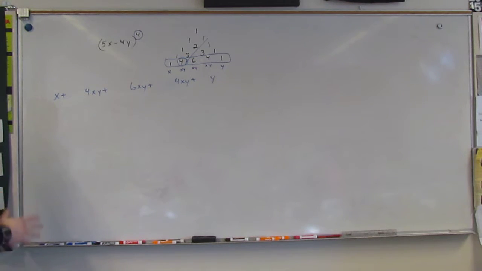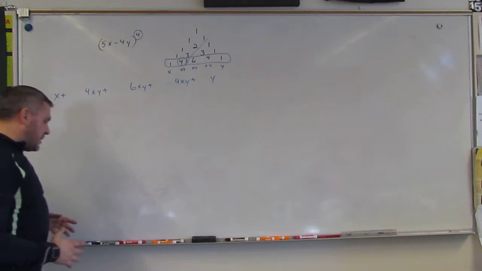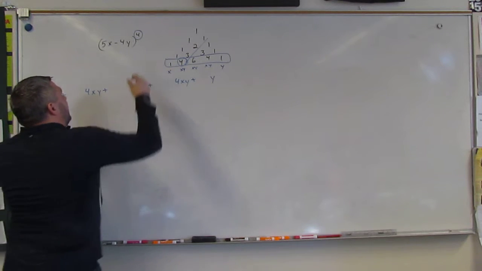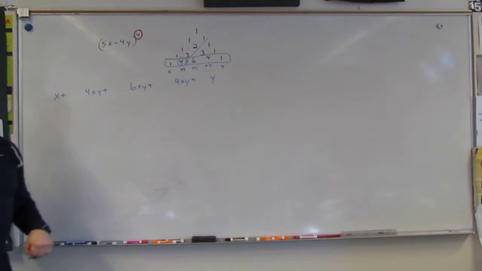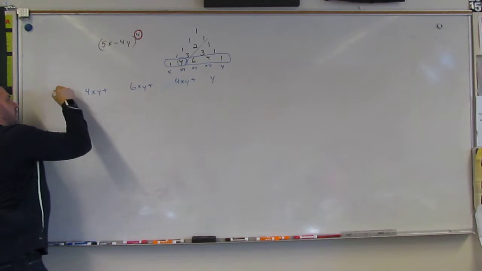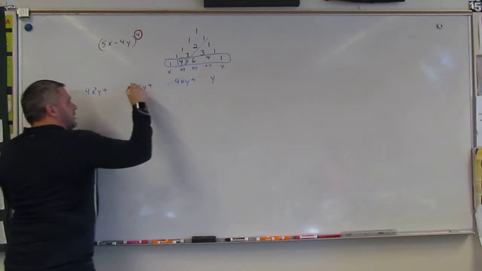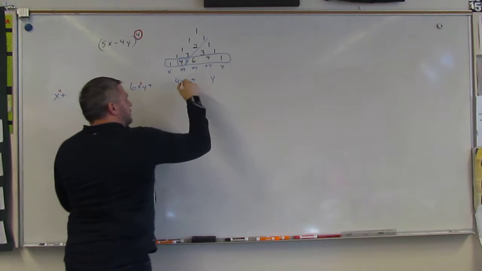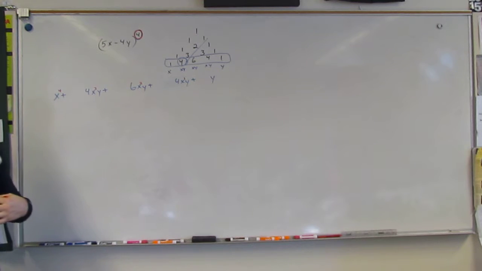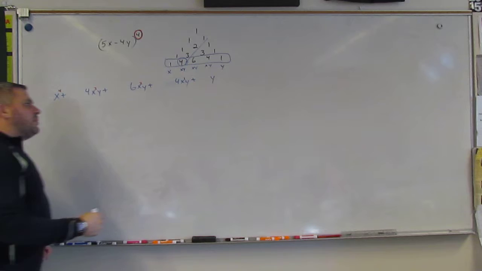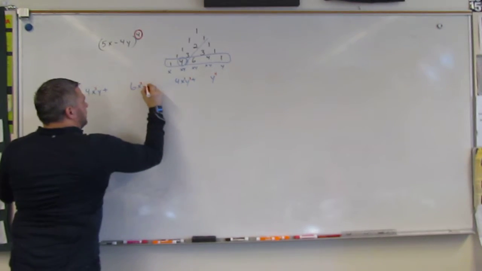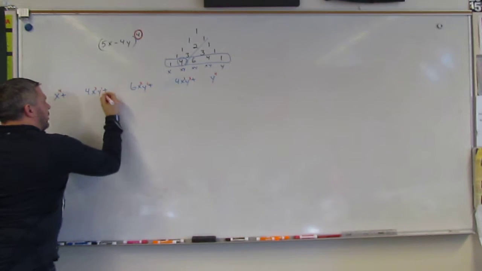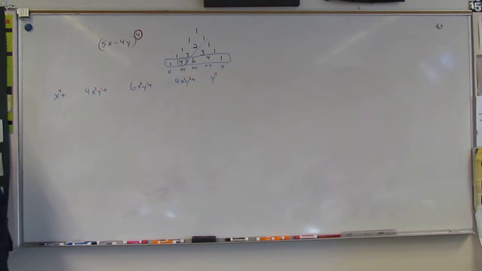But the other thing we need to know is that this guy is a 4, right? So that means we're going to go 4, 3, 2, 1 with our x's. But in the same aspect, we're going to go 4, 3, 2, 1 with our y's.